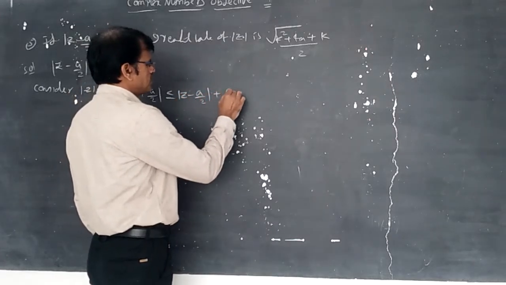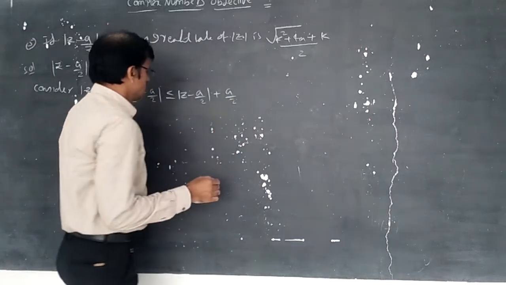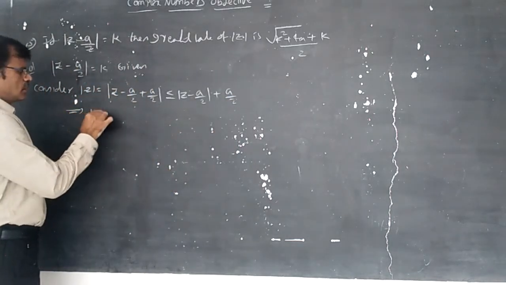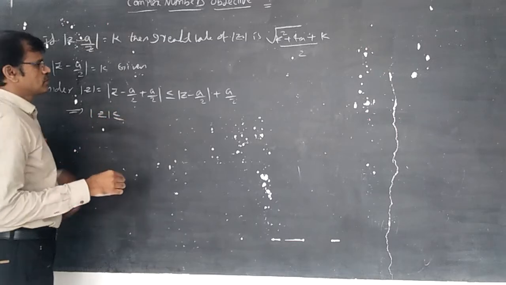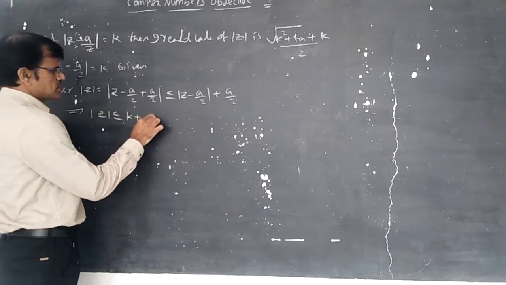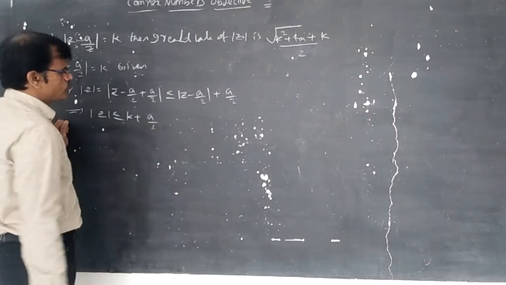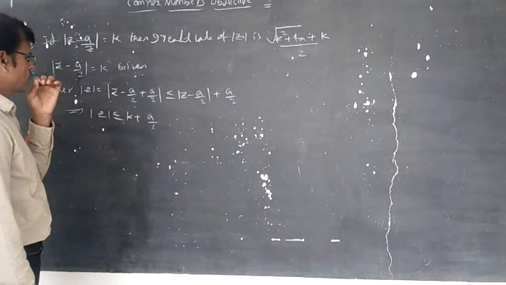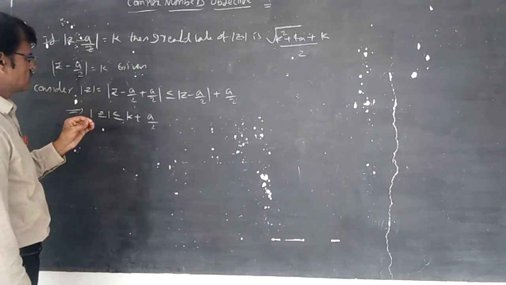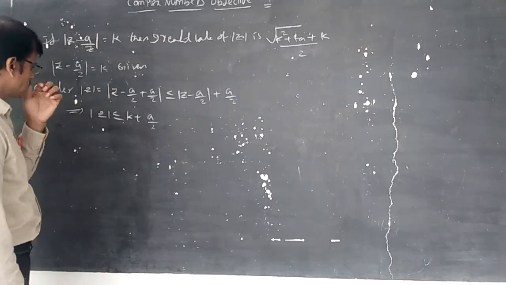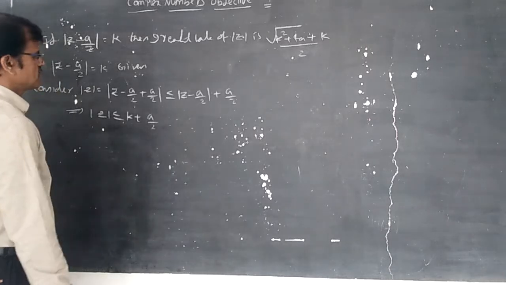That implies mod z is less than or equal to mod z minus a by 2, whose value is k, plus a by 2. So mod z is less than or equal to 2k plus a.